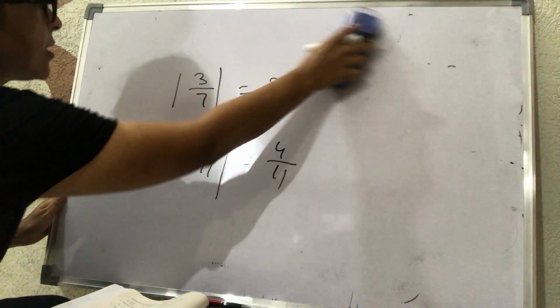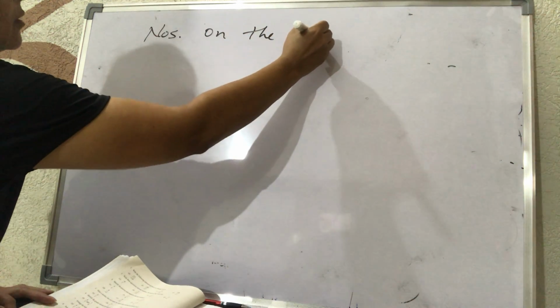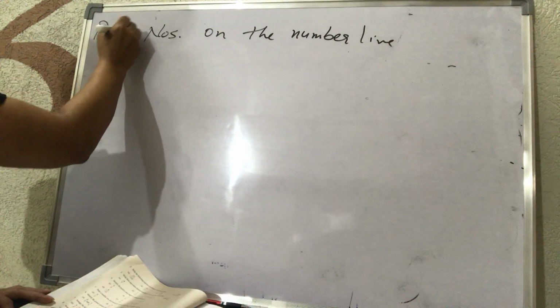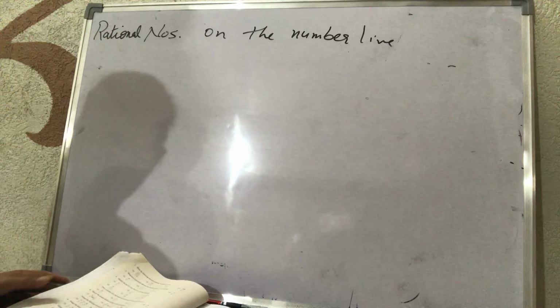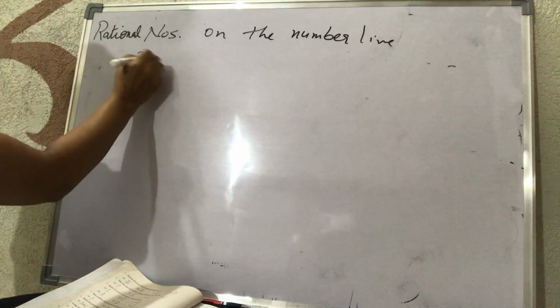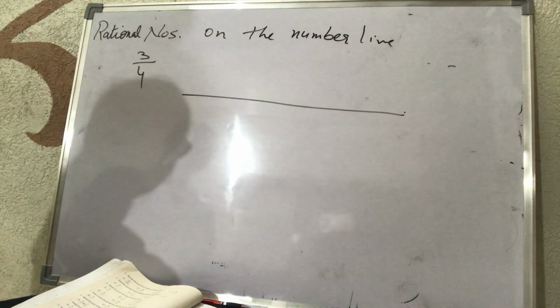Now the last topic for exercise 3.1 is rational numbers on the number line. If we have the rational number 3 upon 4, this is a positive rational number.